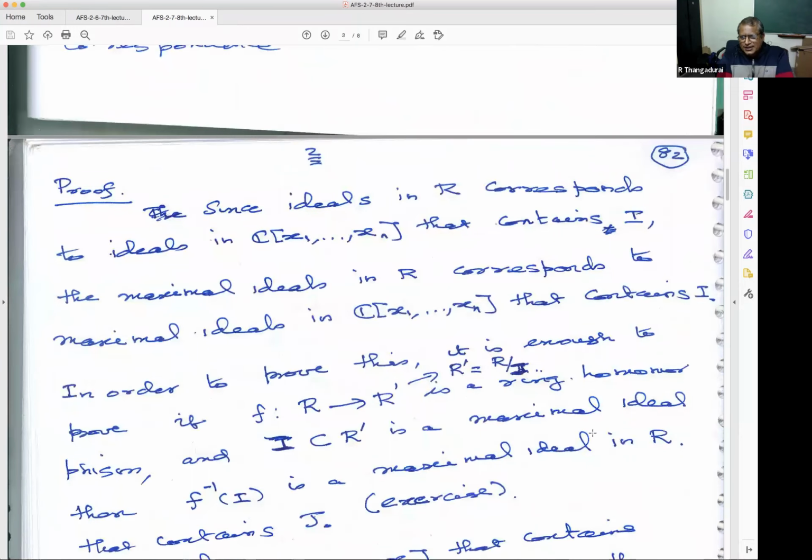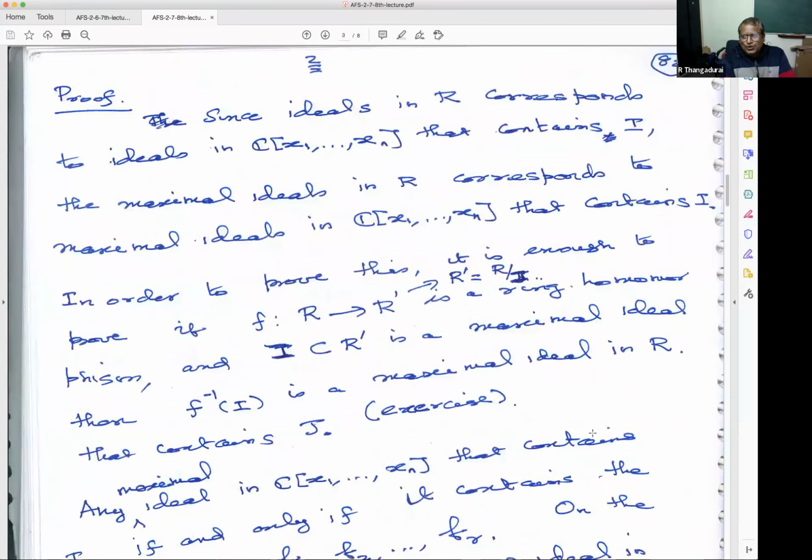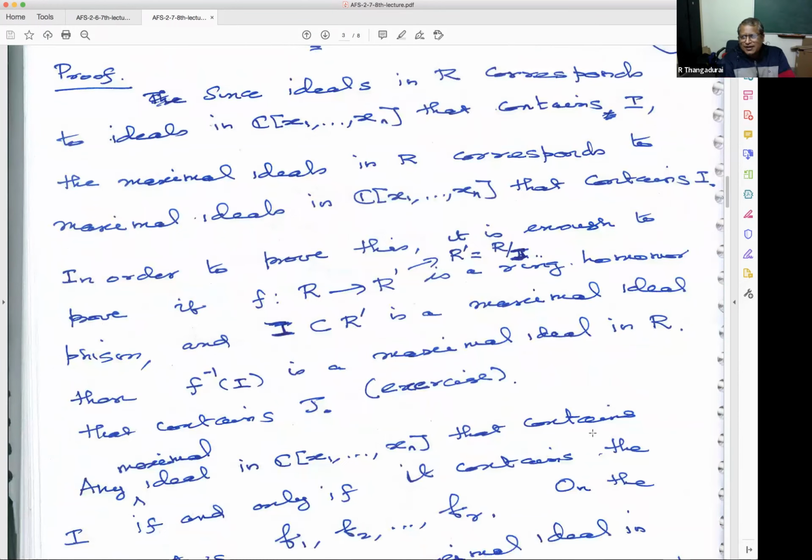Since ideals in R correspond to ideals in the polynomial ring, where R here means the quotient ring I'm looking at, R is nothing but C[x1, x2, ..., xn] modulo the ideal I. Any ideal in that quotient ring corresponds to an ideal in the polynomial ring which contains the ideal I. That's the correspondence theorem we have seen.